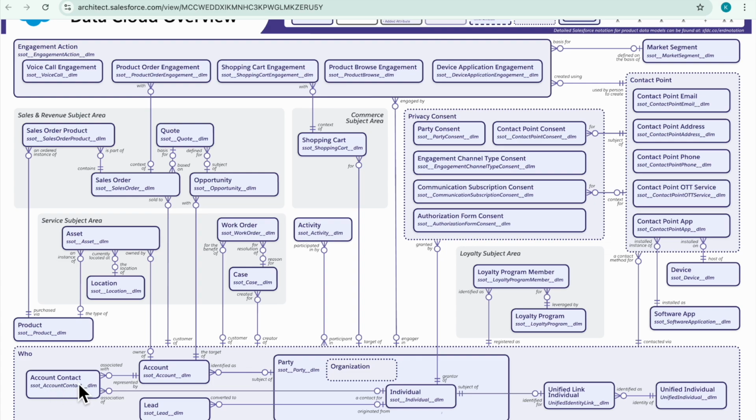For instance, let's say the account contact entity and account. Account contact can have one and only one account, whereas account can have 0 or more contacts. I think it is pretty simple.